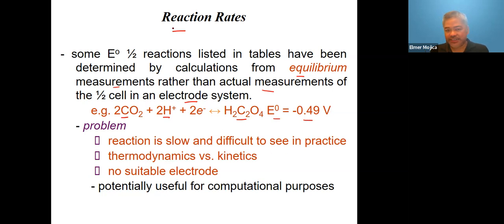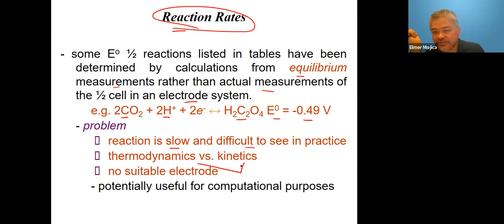Now, why do reaction rates affect this cell potential? Sometimes the reaction is slow and it's difficult to see it in practice. So you have to look at the thermodynamics and kinetics conditions. Since it's slow, how fast or slow the reaction is can affect your cell potential.